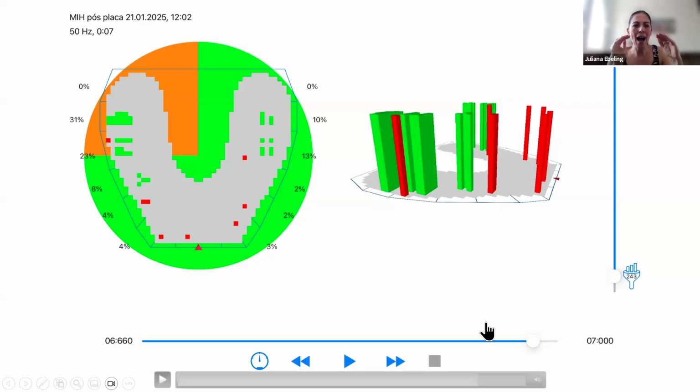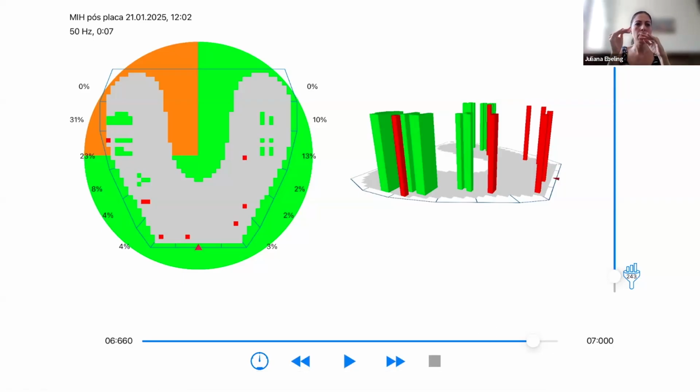So I will have many contacts of this sensor. Remember the papers, the thicker the papers, I have larger contacts. So it's what happened here.